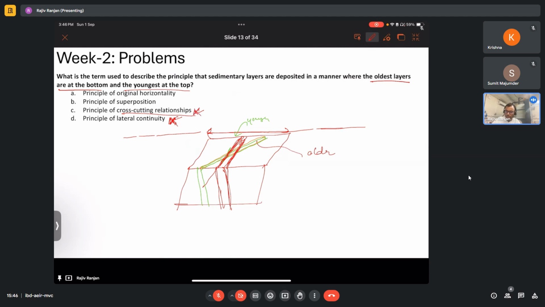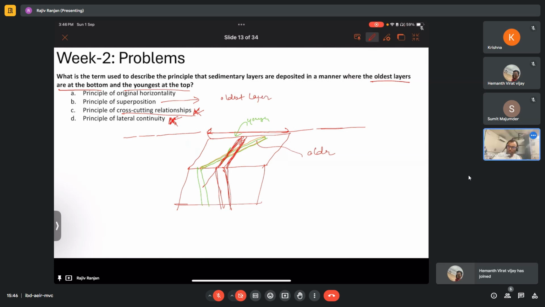The principle of superposition tells us that the oldest layer will be at the bottom and the youngest layer at the top.